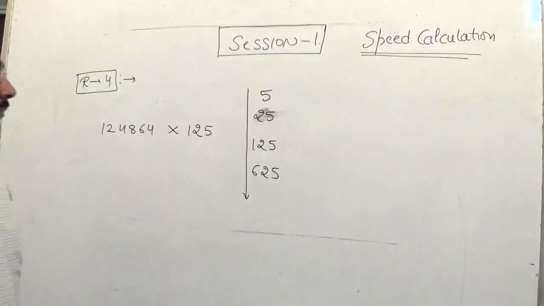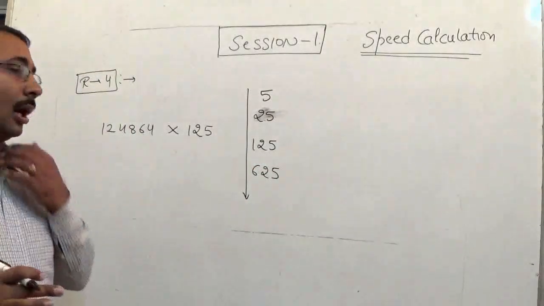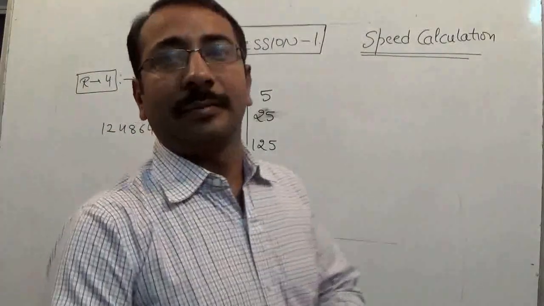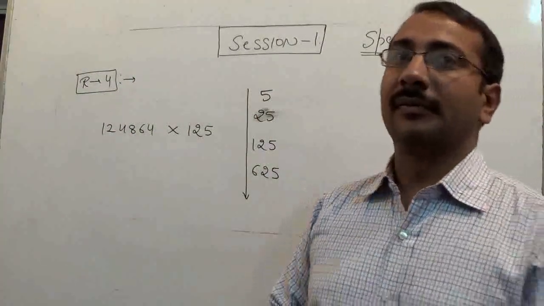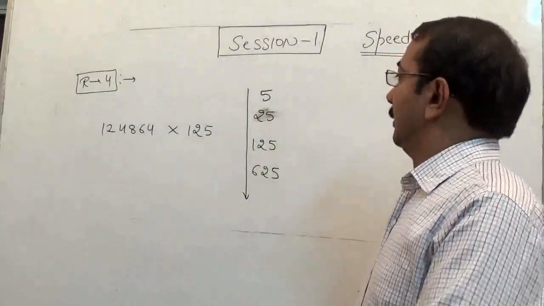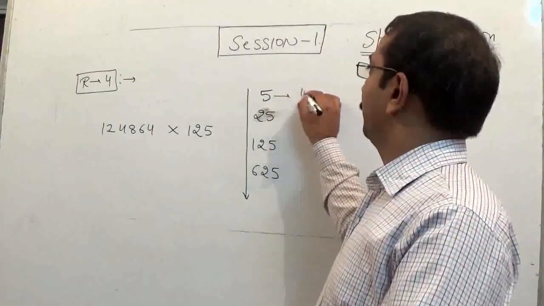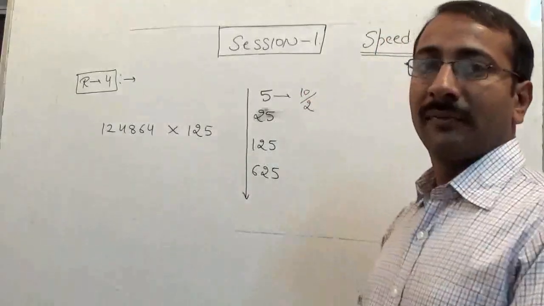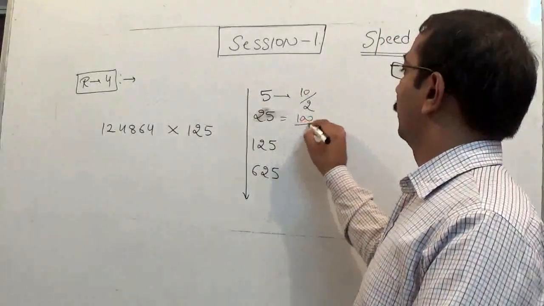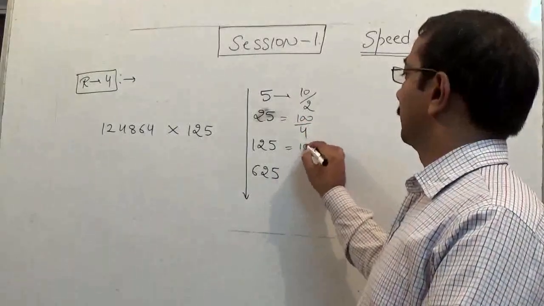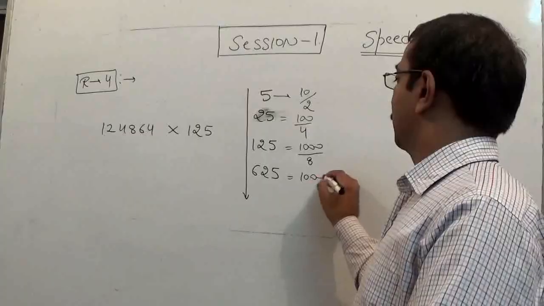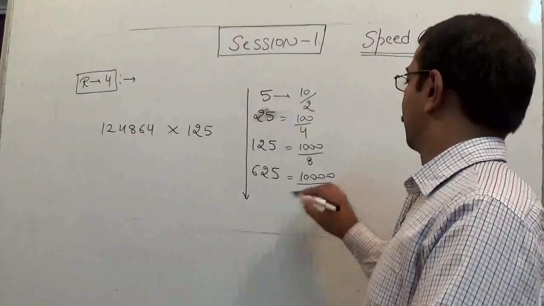Whenever you have to multiply any number, however big, by either 5, 25, 125 or 625, you can say 5 simply means 10 by 2, that you know. 25 means 100 by 4, 125 means 1000 upon 8, and 625 means 10,000 divided by 16.